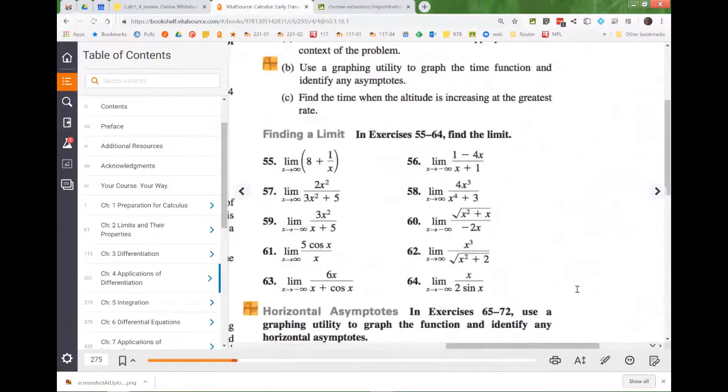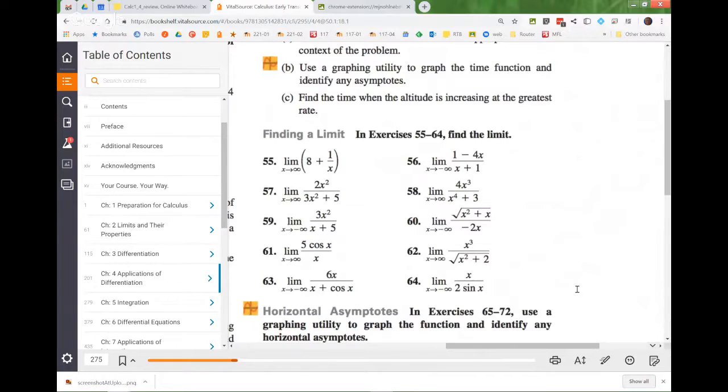So on 62, the degree on the top is 3. What's the degree on the bottom? It's really, in effect, 1, because it's a second degree, and then you're taking the square root of that. So do you follow?